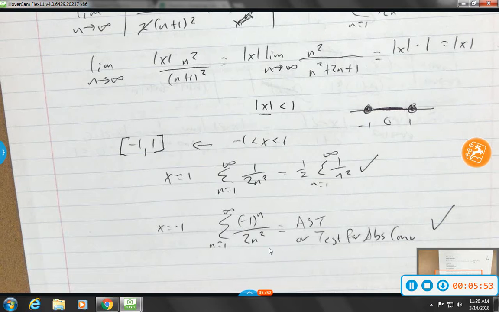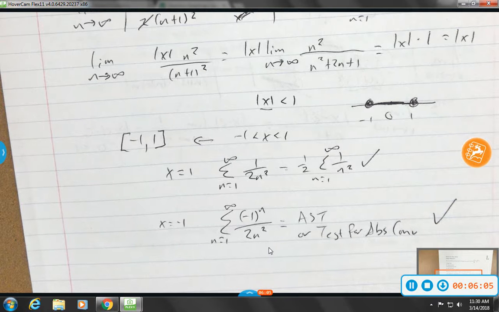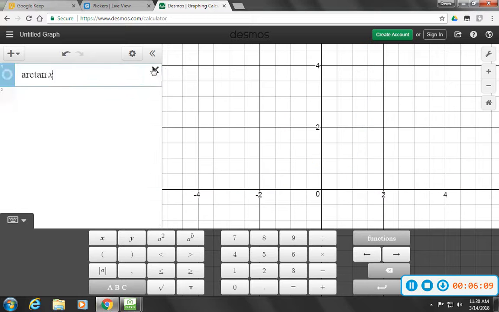So these endpoints work. It still only works in a small little region from -1 to 1, where you will get a representation that works, but it does work. Now, one interesting thing about this one, let me go ahead and bring it up on Desmos. Here are these guys. So it's going to be the sum, n goes from 1 to, we'll say c, of x to the n over 2n squared.